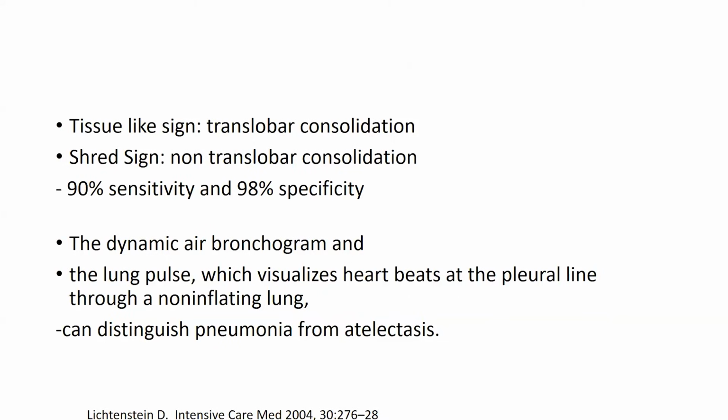If you see a dynamic air bronchogram or a lung pulse, that means you can visualize heartbeats at the pleural line through a non-inflating lung, then it is very much diagnostic of pneumonia and you rule out atelectasis.